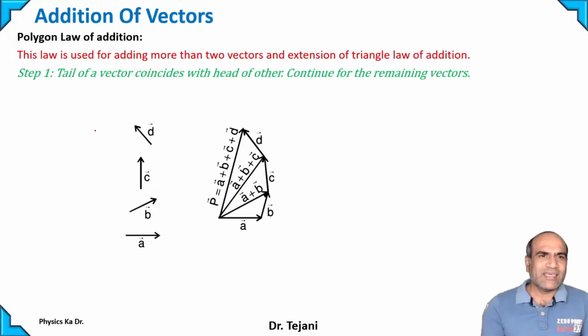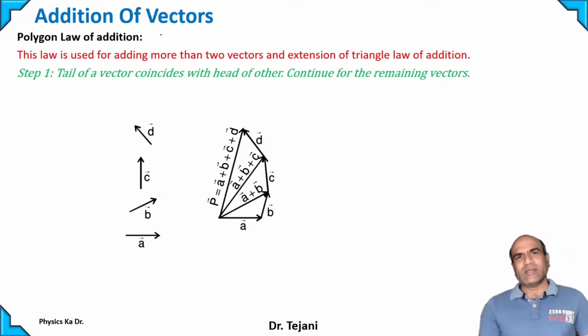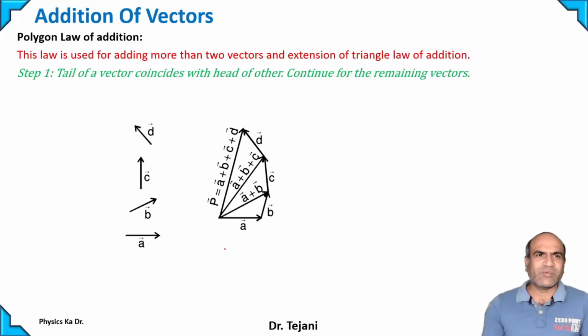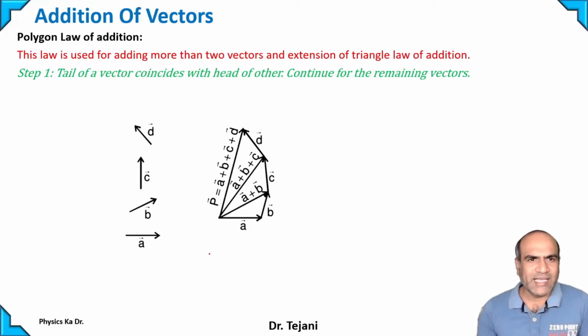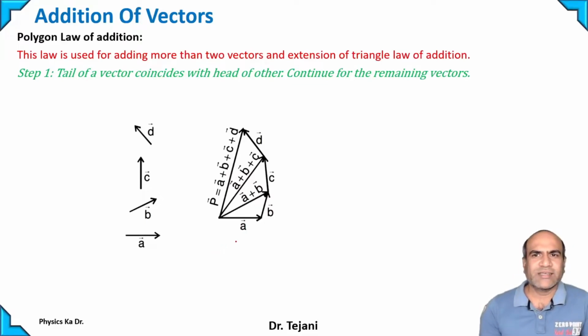Now next is another law, the polygon law. Polygon means a shape having more than one side. So it is just an extension of the previous law, which is the triangle law. Here, A and B are given.